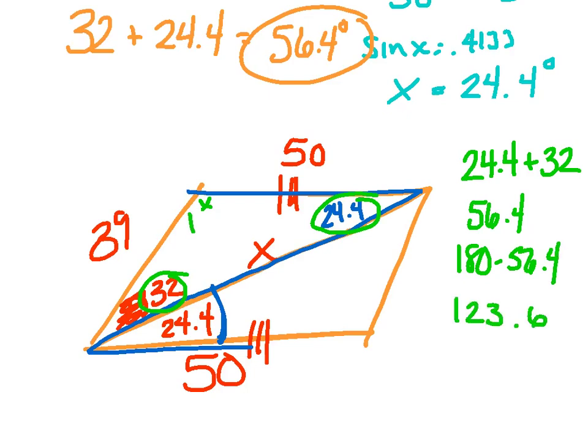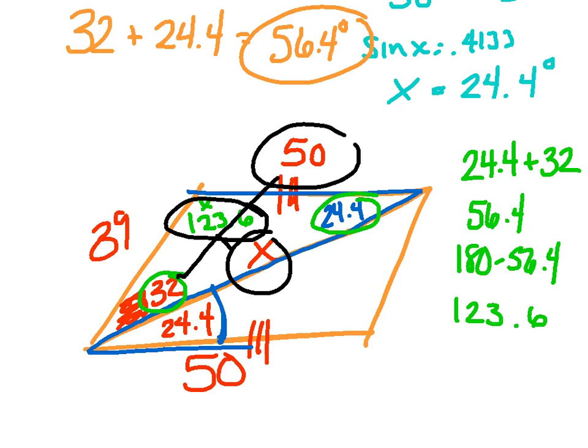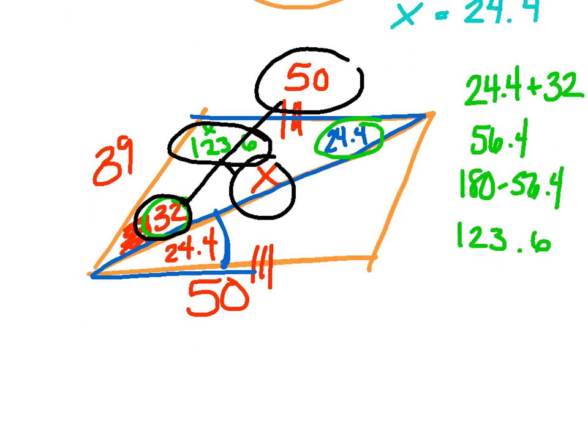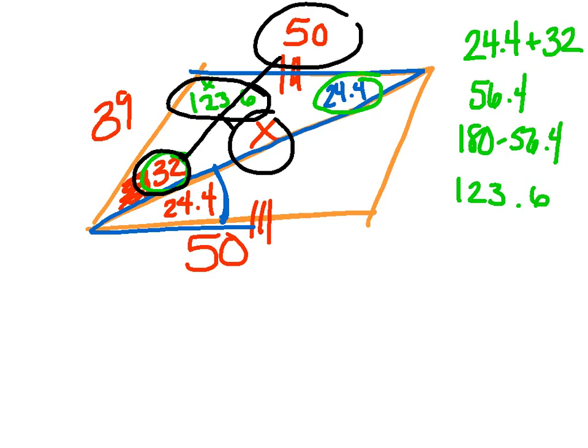Now I think I could probably go law of sines again. I could use this side and the angle opposite, and then I could use either side or angle opposite I want. So I'm going to use this side and this angle opposite and do law of sines one more time to get that answer. So I'm going to say the sine of 123.6 over x equals the sine of 32 over 50.